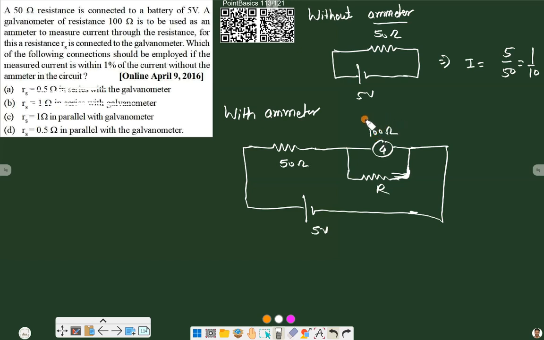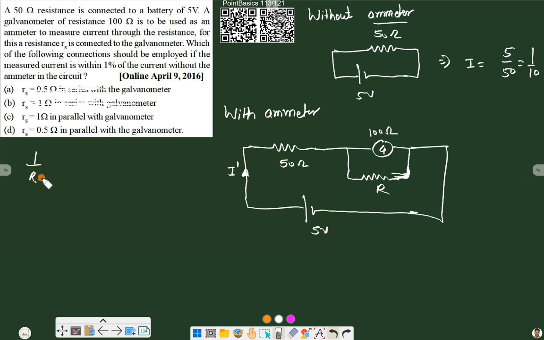Now let's find out the total current in this circuit, suppose I dash. To find I dash, we need the total resistance, and for that we first need to solve the parallel combination of R and 100.